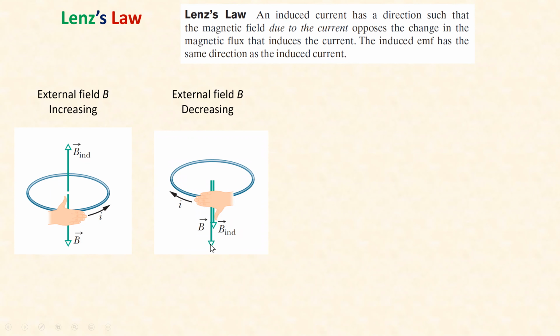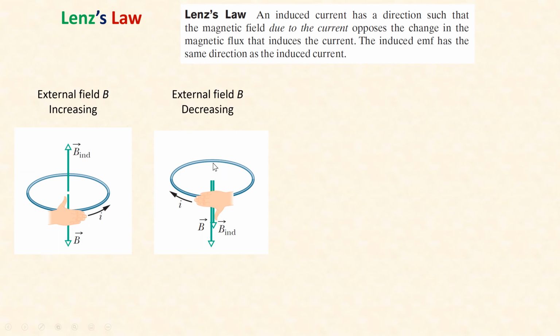It doesn't want to change, so it supports that. And then you know which direction the B field of the induced current is. Then you put your thumb in that direction, and your four fingers of the right hand show which direction the current will be. All right, so the current will be in this direction.